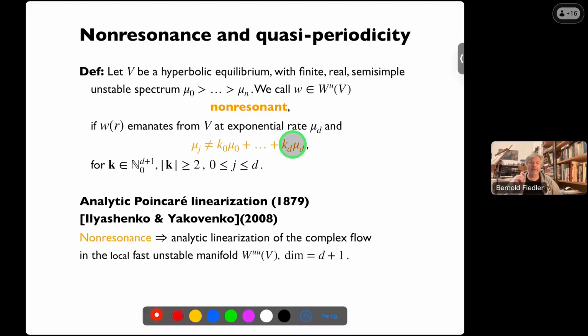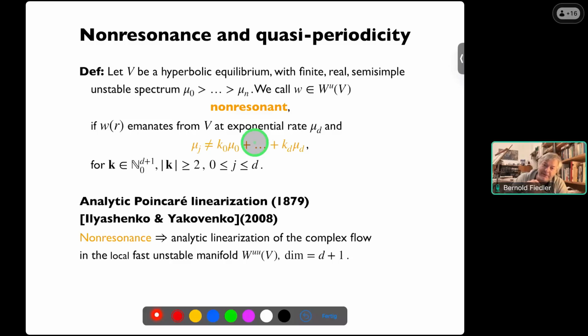This is what I call non-resonant up to exponential rate mu d. And why do I assume that? Because there is a wonderful theorem, actually the dissertation thesis of Henri Poincaré, 1879, that if you have non-resonant eigenvalues, then you have local complex linearization.